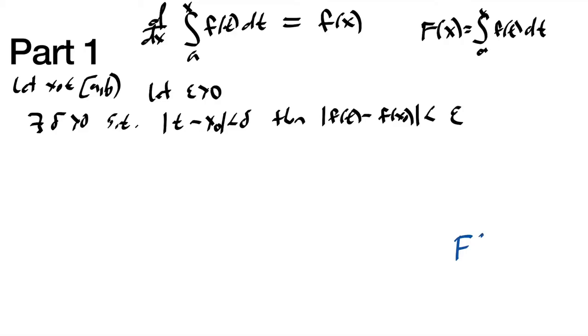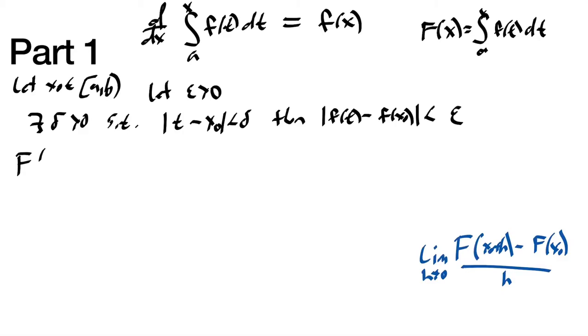Okay, now the important thing is I'm going to start looking at that difference quotient. What I'm going to want to create at the end, and maybe I'll write this over, is capital F of x naught plus h minus capital F of x naught, all over h, the limit as h approaches 0. So this is something I'm going for at the end.